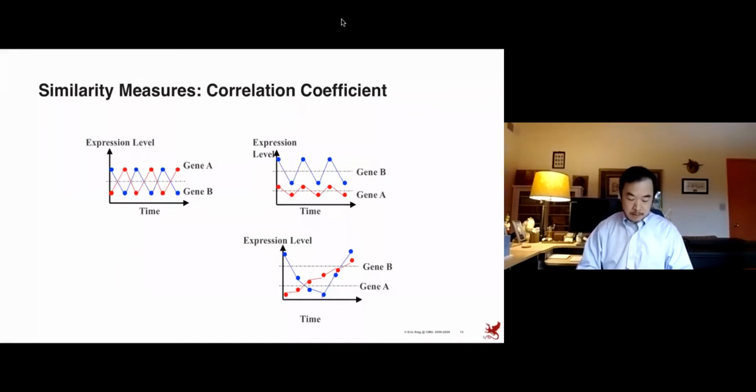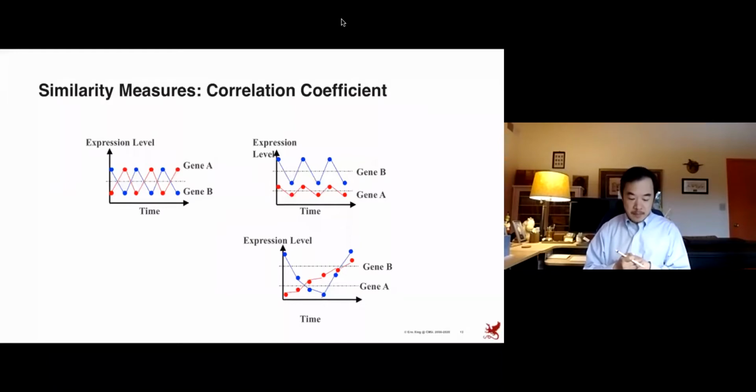Well, sometimes the distance I just talked about may still not work because it is really measuring some kind of distance, in terms of a length or differences along the dimension.